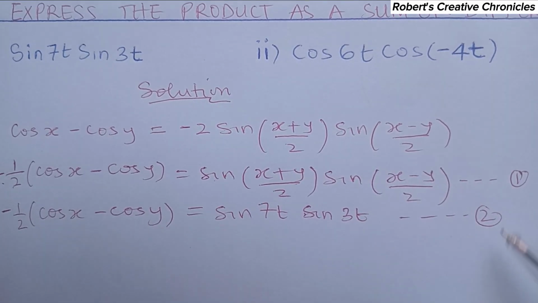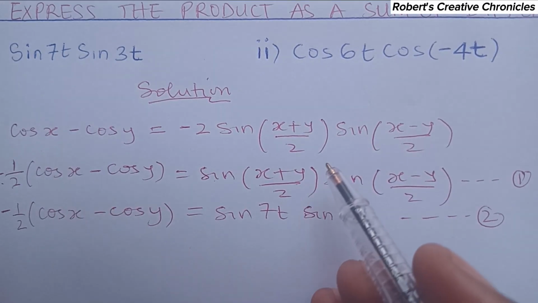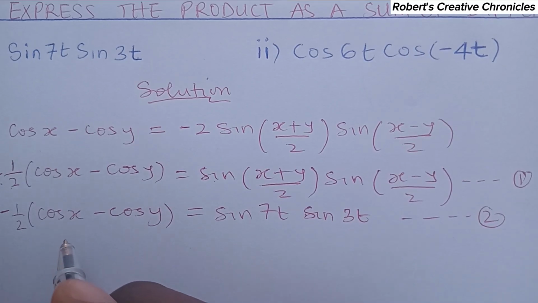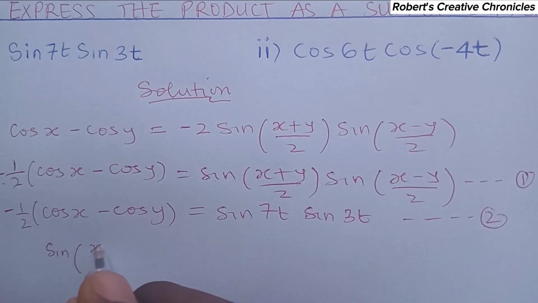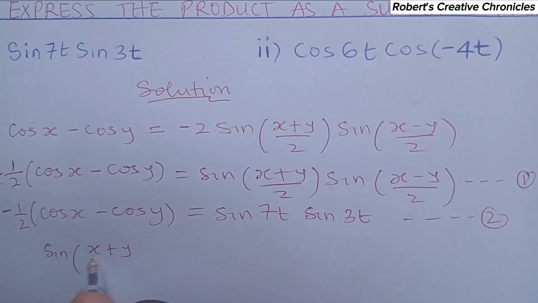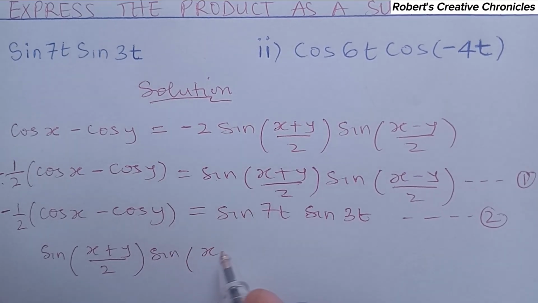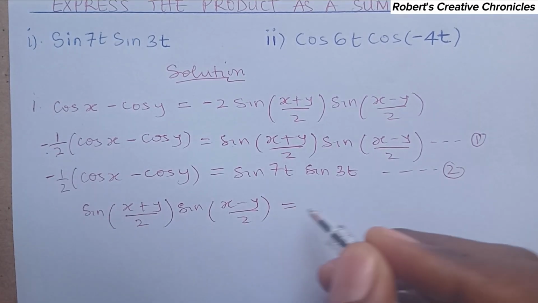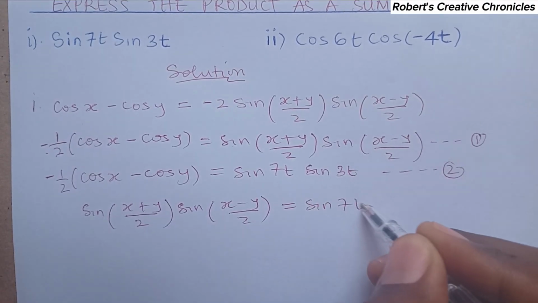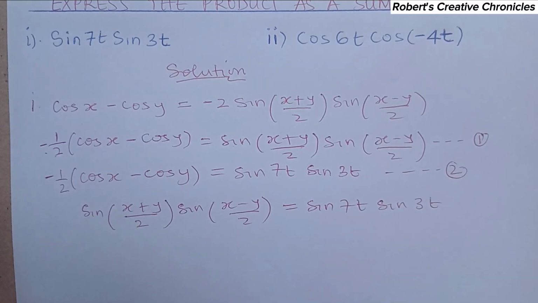Now we will relate equation 1 and 2. You know, this and this will cancel if you equate them. So this will be equal to this. So it will be sin (x plus y)/2 sin (x minus y)/2 equals sin 7t sin 3t.